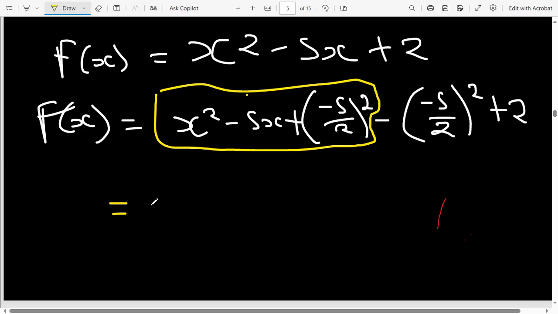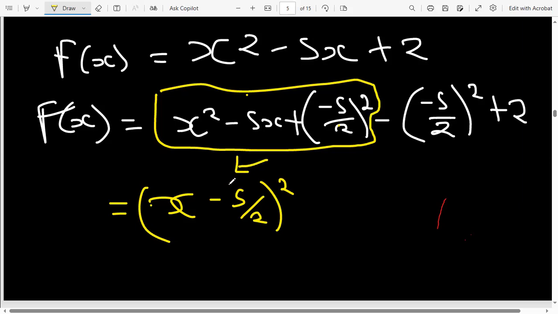How did we handle it? We get the x from here, we say x, and then whatever we have in the brackets with the sign that it has, so minus 5 over 2. We put these in one bracket and square. So all this yellow part has condensed into this.